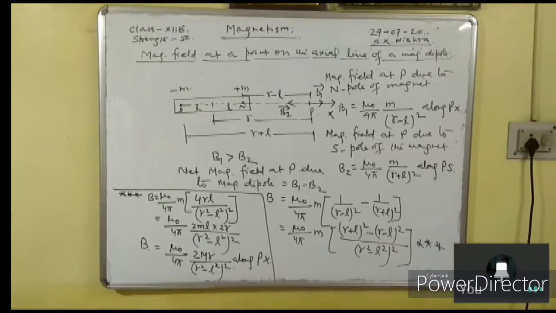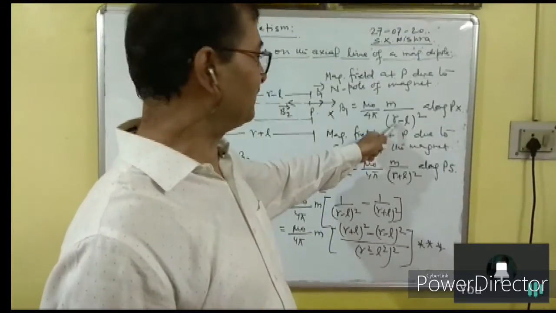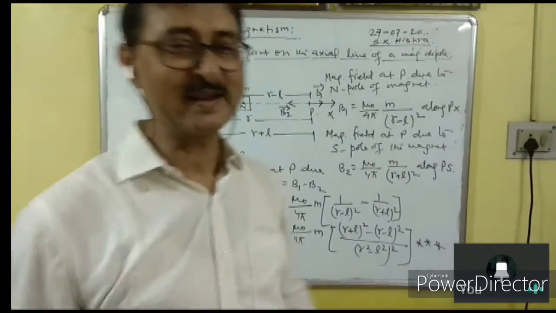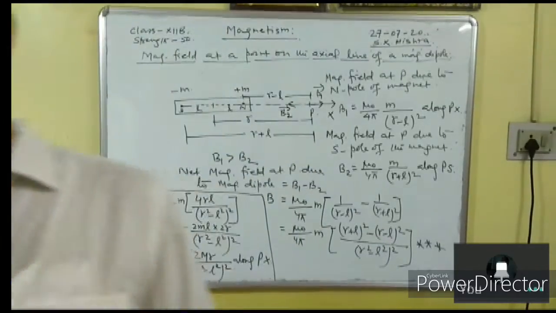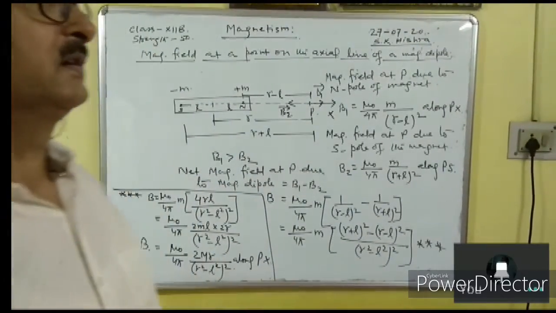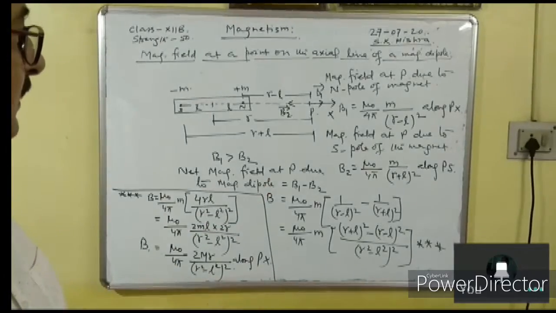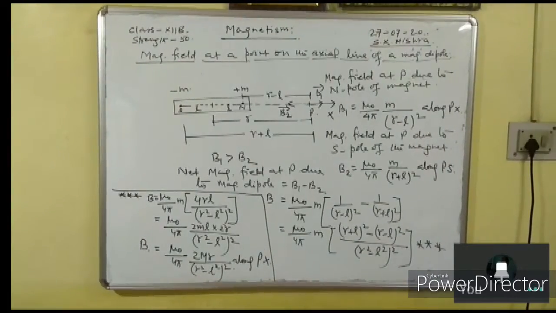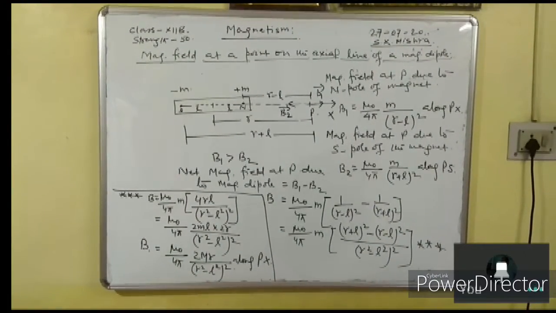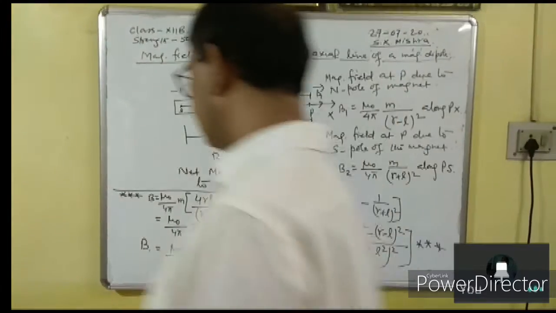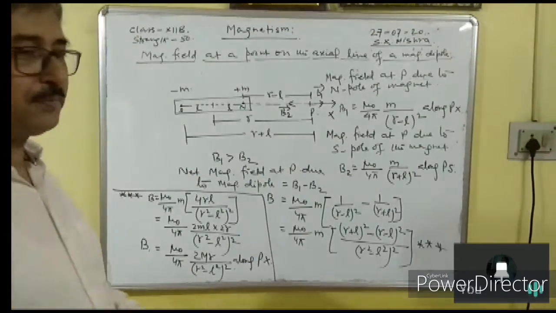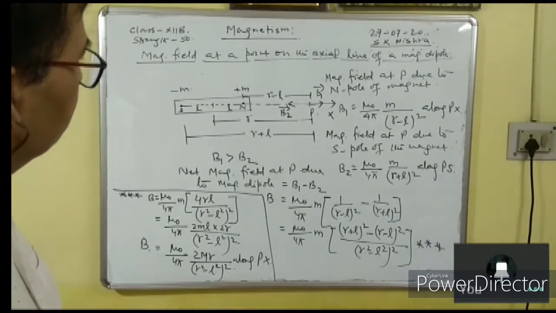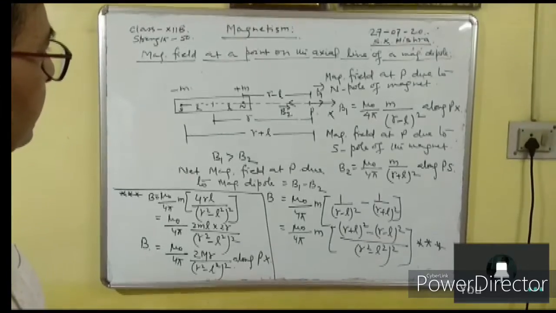Now this is net field. I'm writing the remaining part here. I have some space, so we can utilize. Putting a star mark here, just to understand the continuity. Now, net field B equals mu naught by 4 pi M, and then (A plus B) whole square minus (A minus B) whole square.